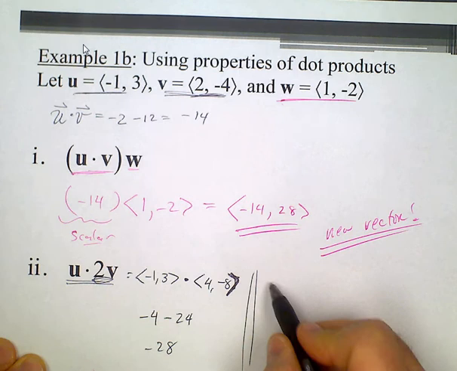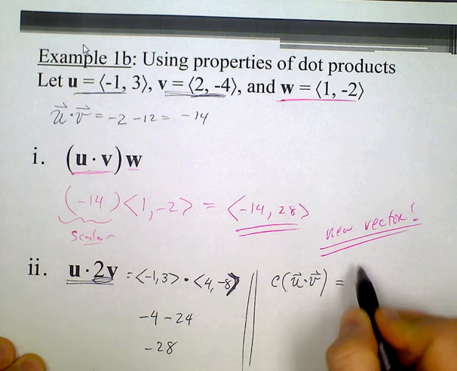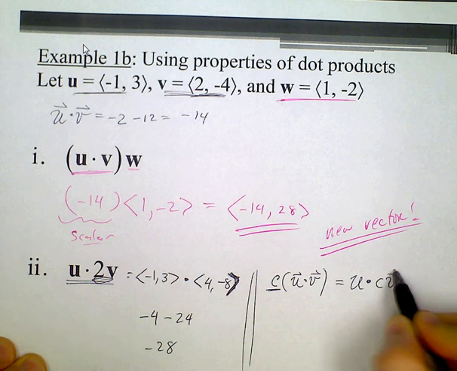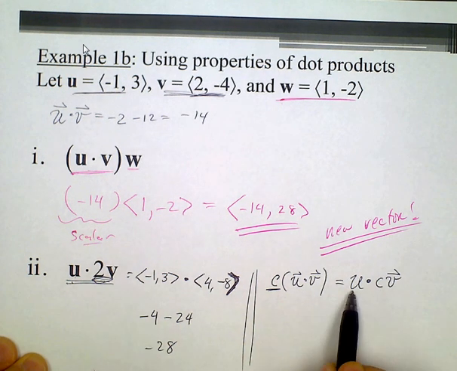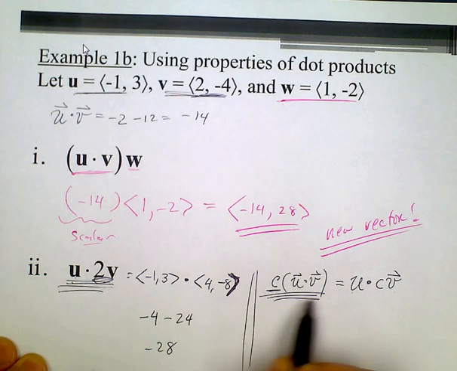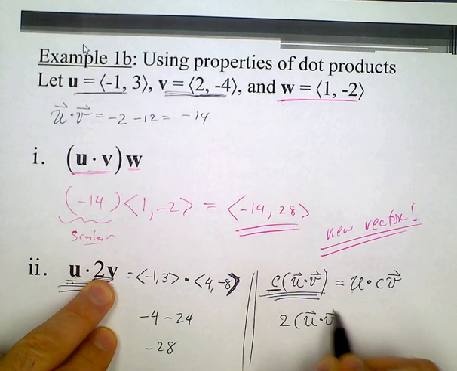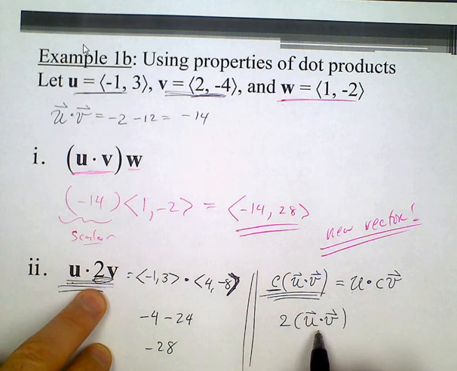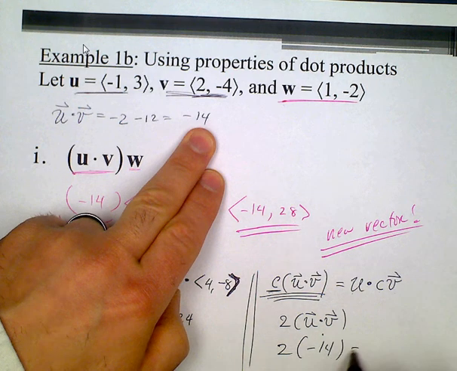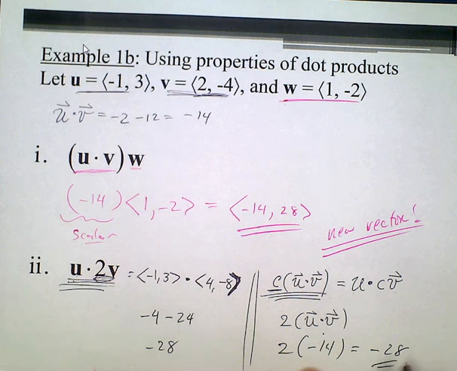One of the properties said that if you scale a dot product, it is equivalent to the dot product of one of the vectors scaled, which should look something like this, u dot 2v. So we can rewrite it this way using this property. We'll take this 2 out front. So with one of these properties in use, we already know the dot product of u and v is negative 14. It shows that you can either do it longhand or use the property to come up with the same value.